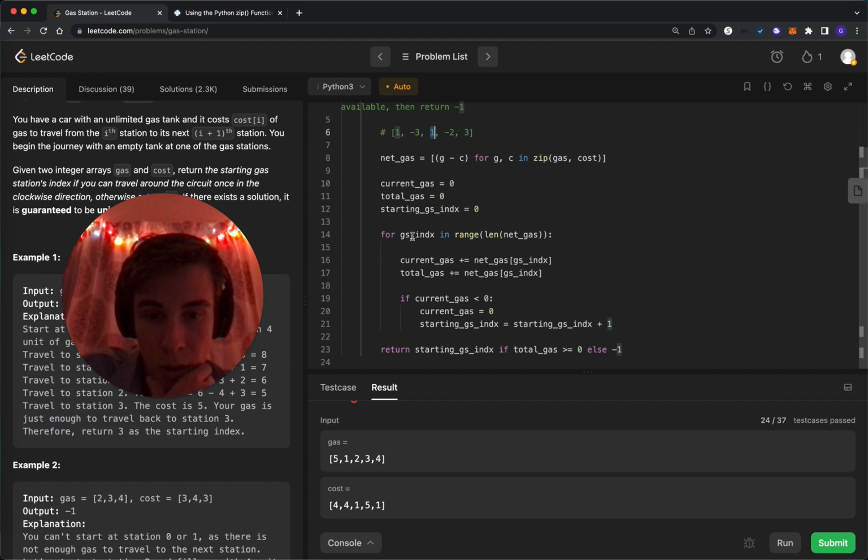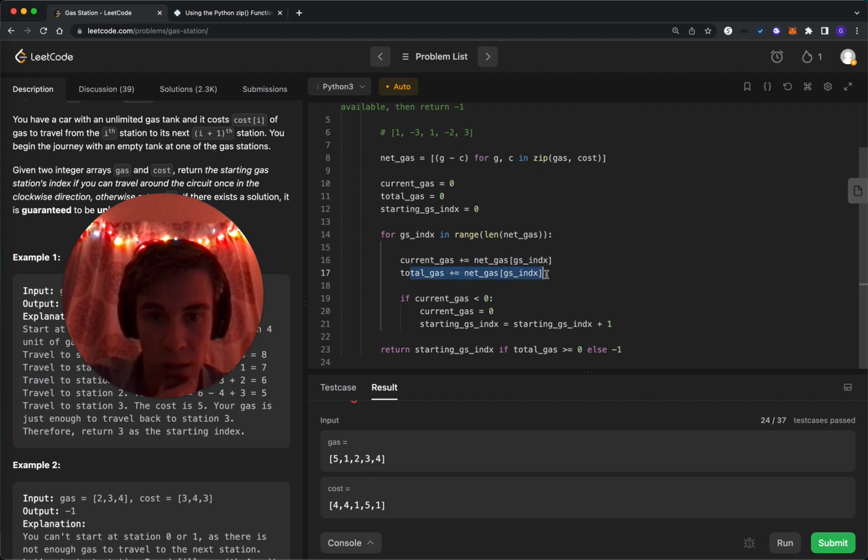I'm at gas index 2 from range 0 to 4. My current gas is going to be net gas. There we go. This is what I missed. No, this is not what I missed. I'm at 2. My current gas is 1.